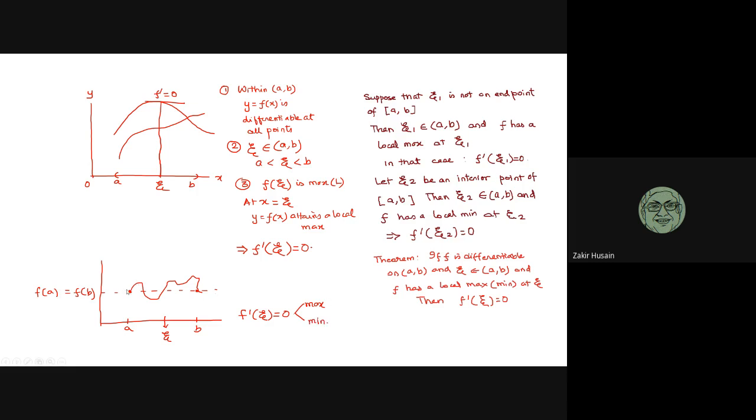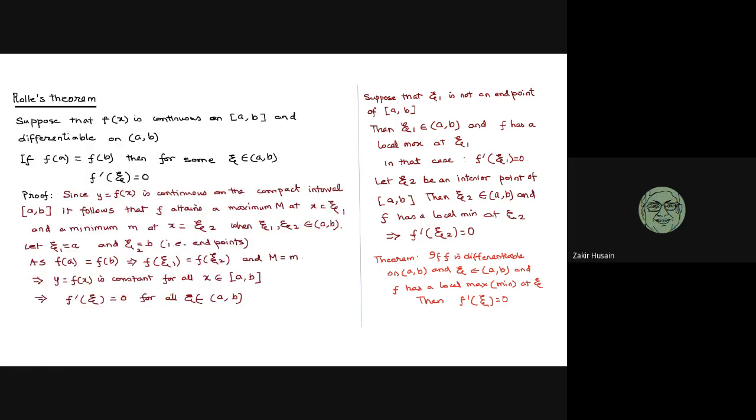So if I start from f(a), I end at f(b), the same f(a) equal to f(b), and the function is continuous over here, differentiable within the boundary, then we will be able to identify either a local maximum or a local minimum at some point within the interval.